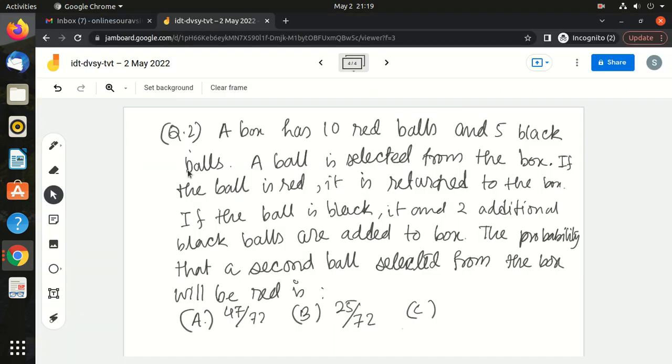The other options are 55 by 153 and 98 by 153. Please all of you note down the question.